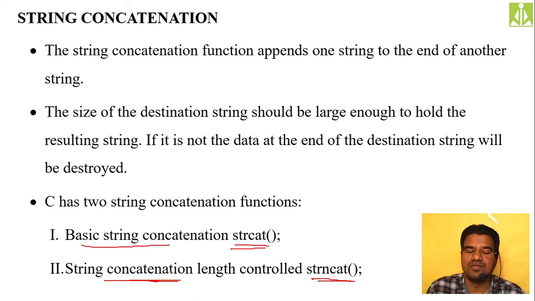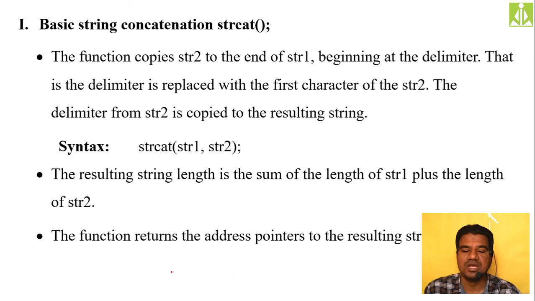So in these two ways, you can remember this one. Whenever we say a particular function is length controlled, simply n will come in the middle of that basic function. So over here, basic string concatenation, strcat.